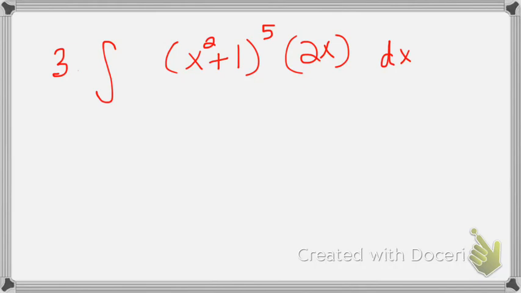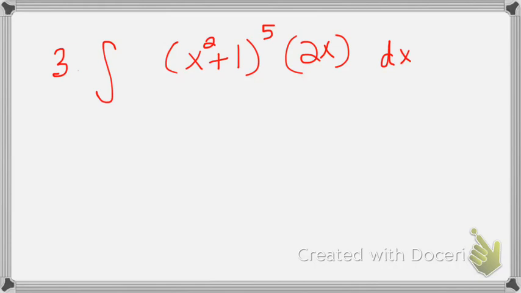So, I want to find the antiderivative of this. If you were just guessing, what would you think the antiderivative would look like, or at least part of it? I think the antiderivative is going to have a 6 power in it, because that's 1 more than the 5. Okay, that's true.